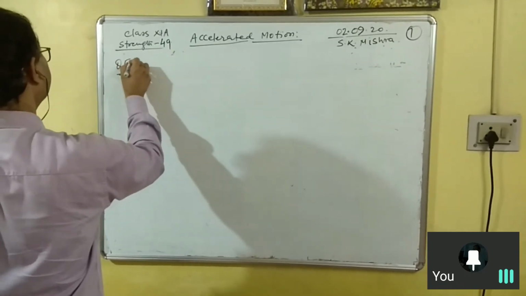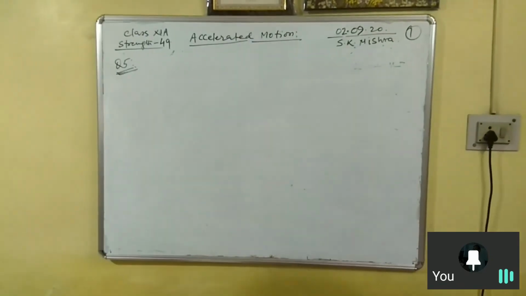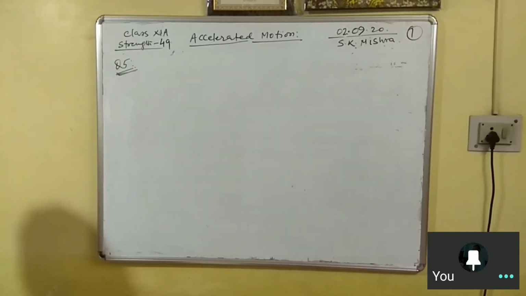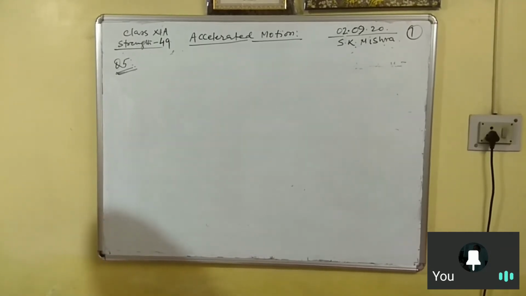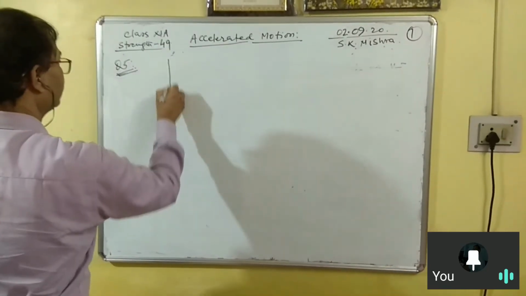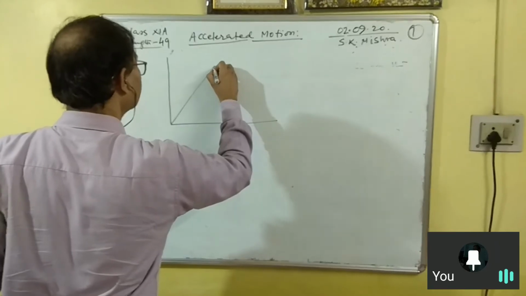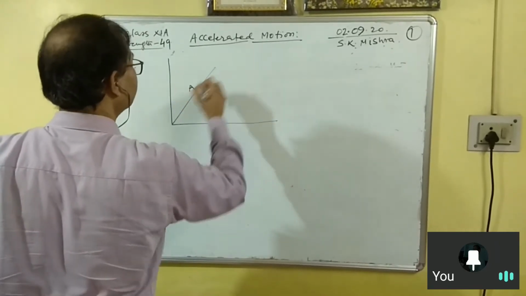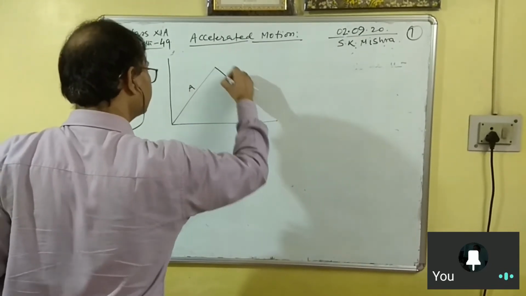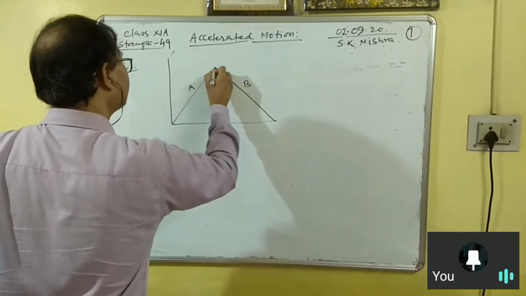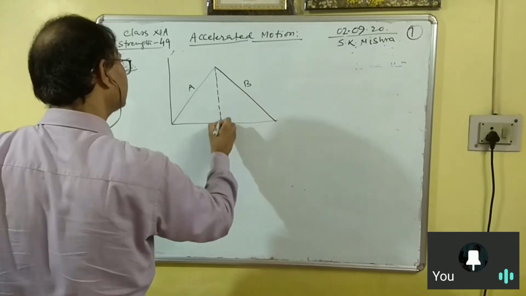The question is, a car accelerates from rest at a constant rate A for some time, after which it retards at a constant rate B to come to rest. So this is the scenario. Acceleration A is given to you, and then it retards at a constant rate B, but the time interval is not known to you.